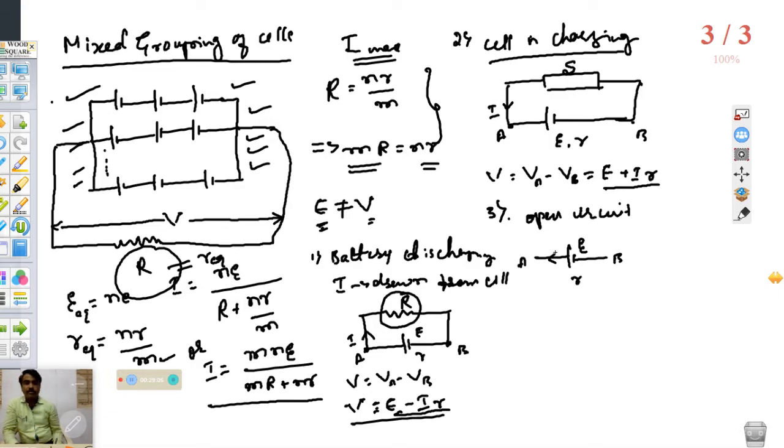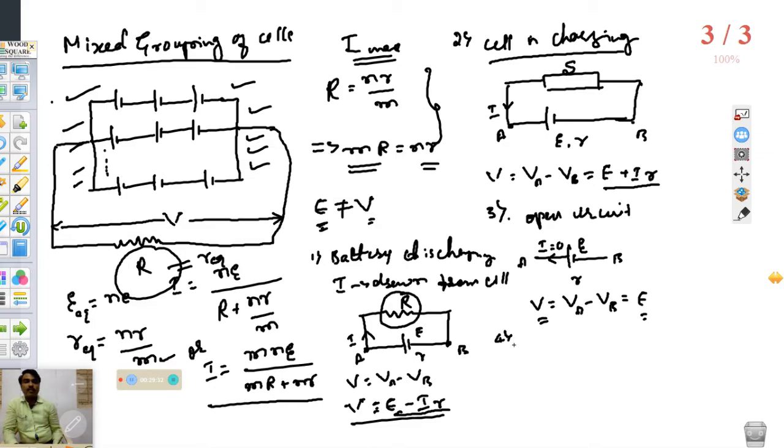In this case, because we are not connected to any external circuit, the current is 0. When the battery is in open circuit, current is 0, so V, which is VA minus VB, is equal to the EMF of the cell. Only in the case of open circuit is the potential difference equal to its EMF.